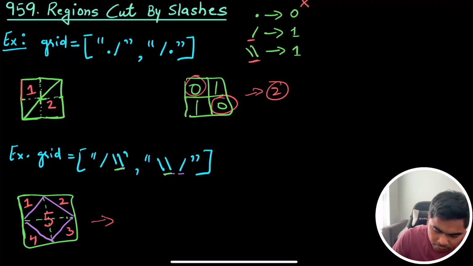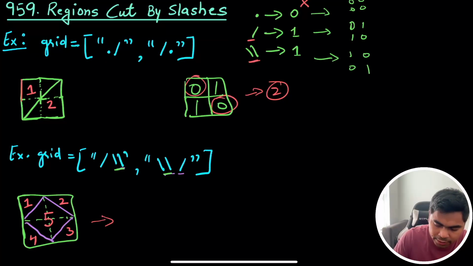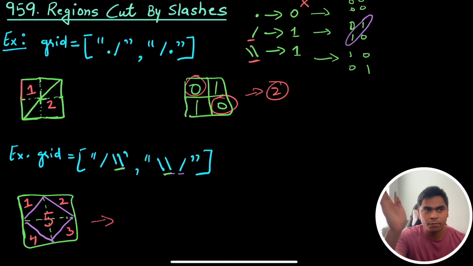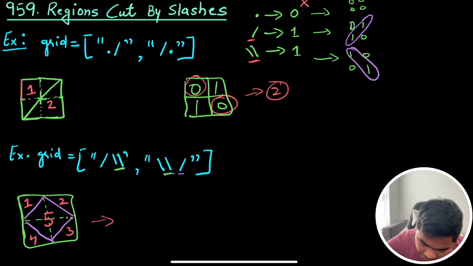So what about I use 0 as 0 0 0 0, and 1 as 1 1, so 0 1 1 0, and this one I draw as 1 0 0 1. The reason is so that this one represents a forward slash, going diagonally from left bottom to top right, and this backward slash is from left to right diagonally.